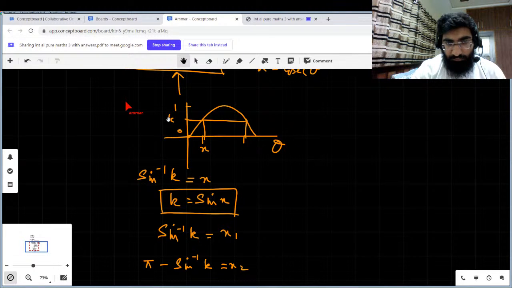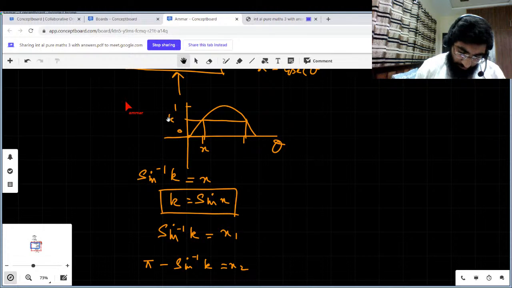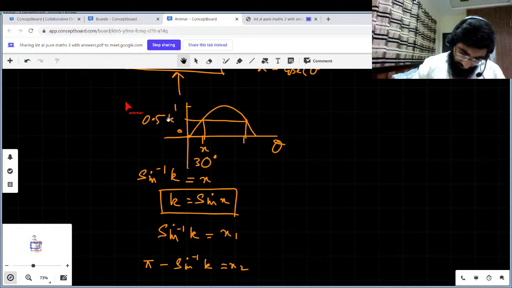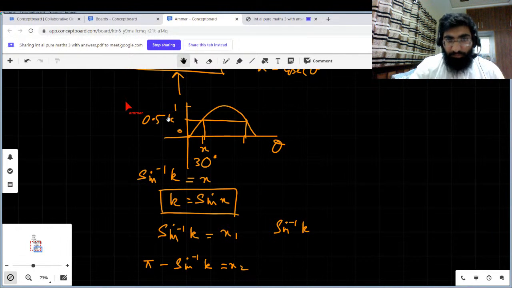For example, say this was 0.5. Then to find the value of theta, what would I do? Sine inverse of 0.5, right? That will give me a value of theta, let's say 30 degrees. So this first value I got by doing sine inverse of k, which was 0.5 over here.